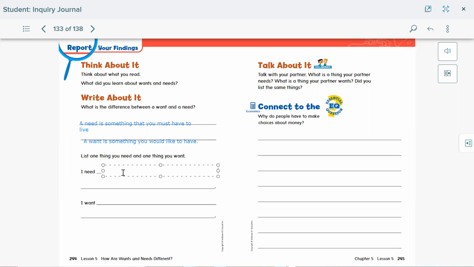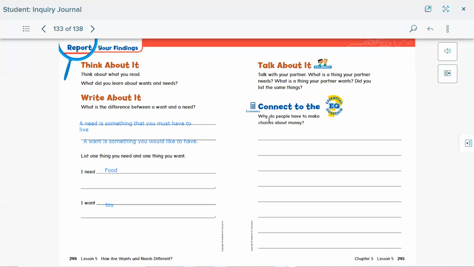We say, one thing I need, food, or clothes, or water, or shelter. Something you want, new toy, or pets, or treats, or new tablets. All right.